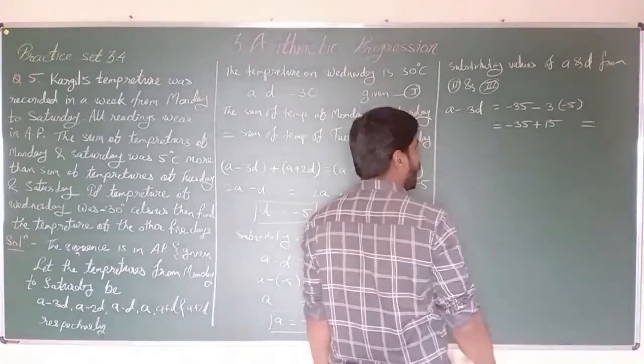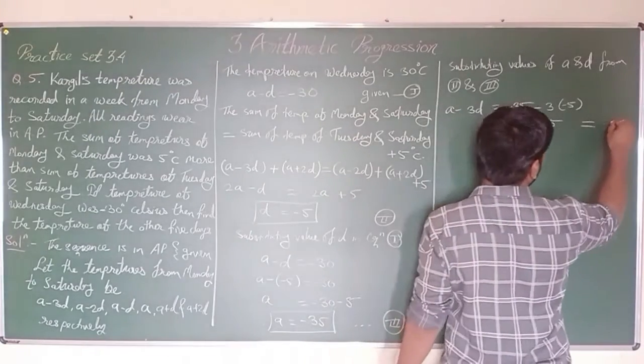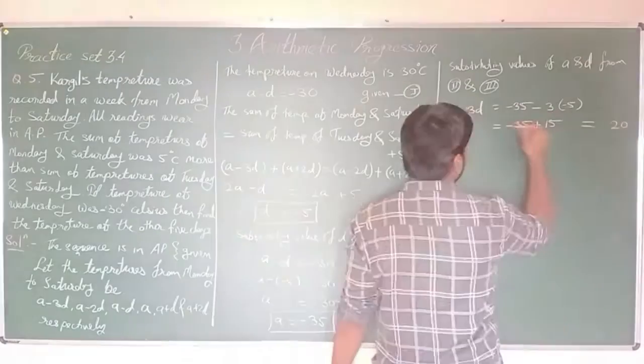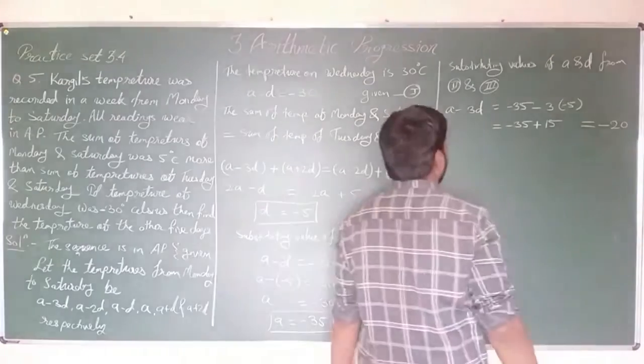The sum of 35 and 15 is 50, so this will be negative 20.